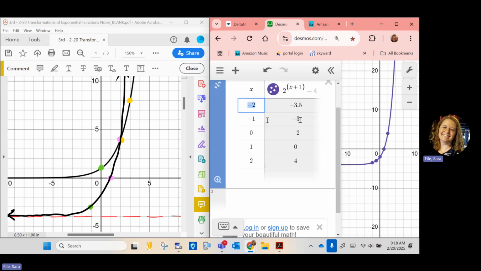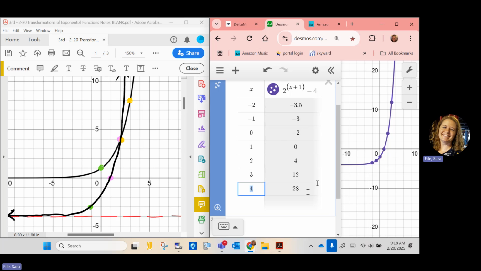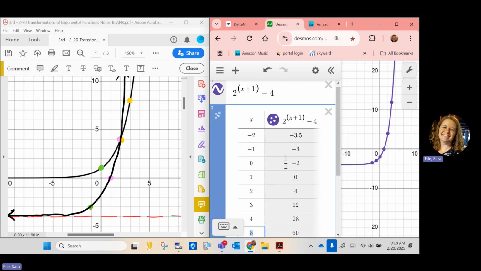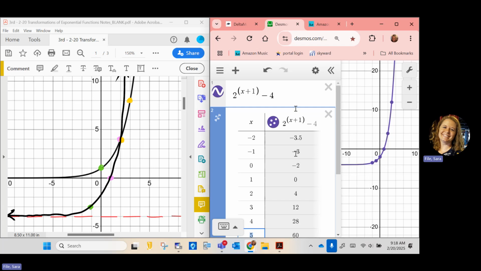There's the -1, -3, the 1, 0, and the 2, 4. There's more points. I didn't plot all of these. And if you need additional values, you just type them in, and it will automatically fill in what the y value should be when you type in the x value. So if you need help getting points to plot, you can get a table from your function in Desmos. You'll feel okay about that?